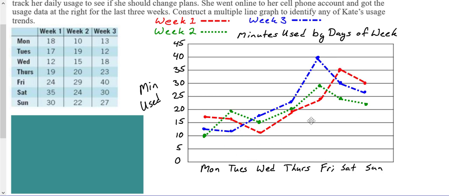And then I connected the lines. Now, if you use color, it's a lot easier to follow the lines and see the difference. One thing you'll notice is that most of the trends for Kate for each week is about the same.